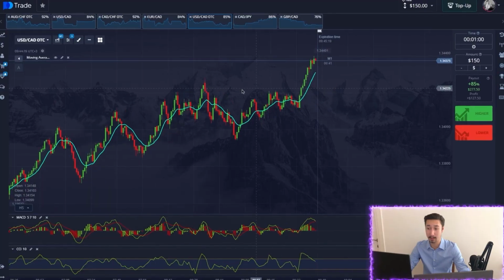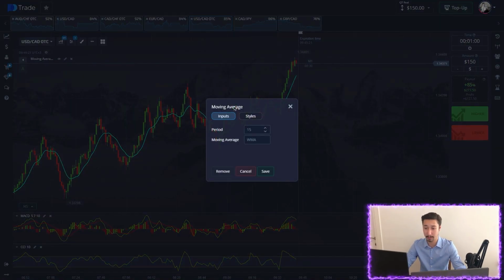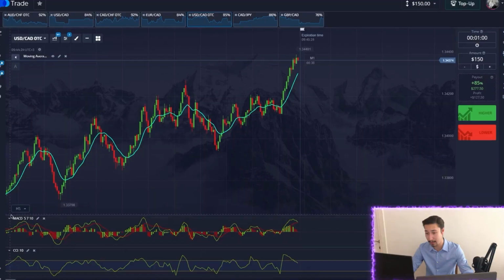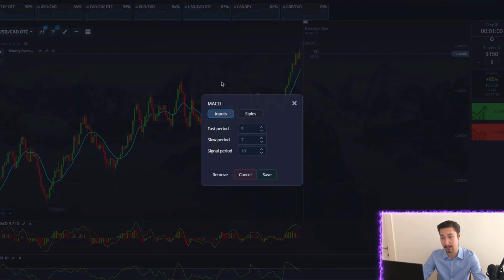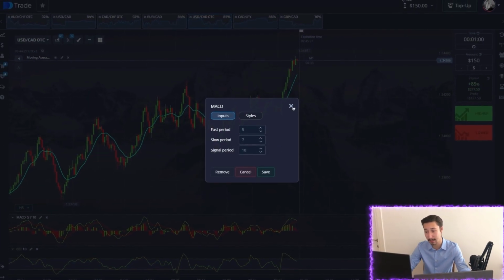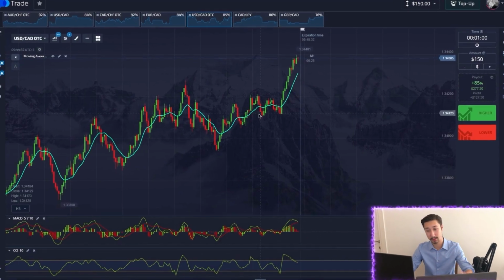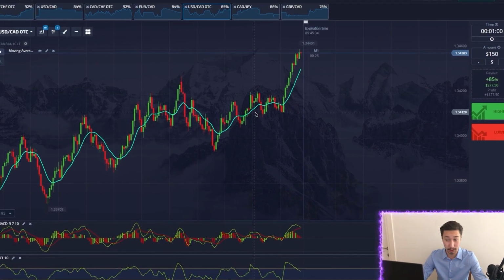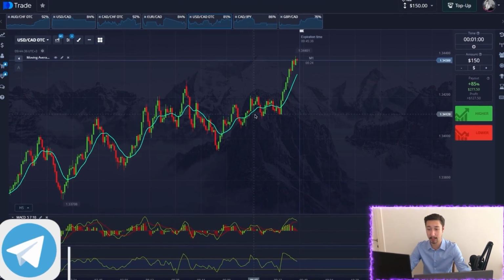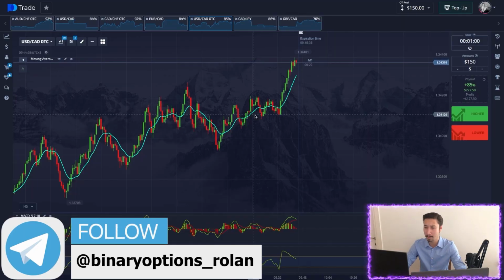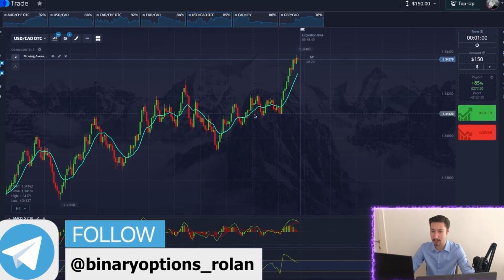The weighted moving average will be with a period of 15. We will have a MACD with periods of 5, 7, and 10, and a CCI with a period of 10. Thanks to such periods, we will capture a large range of price movement, and in general, we will control the entire price in this range.